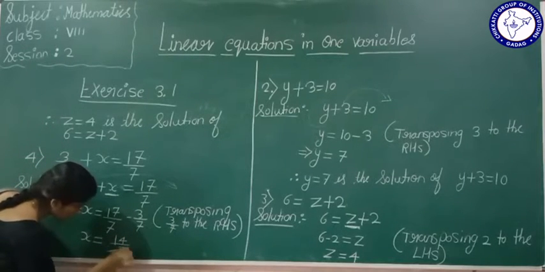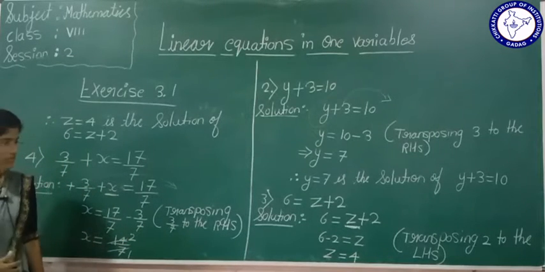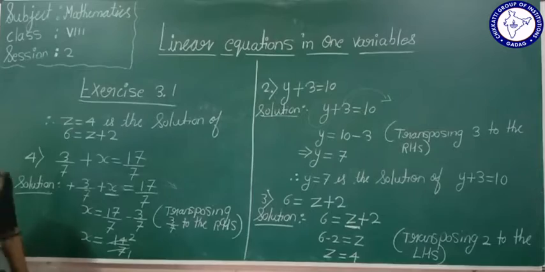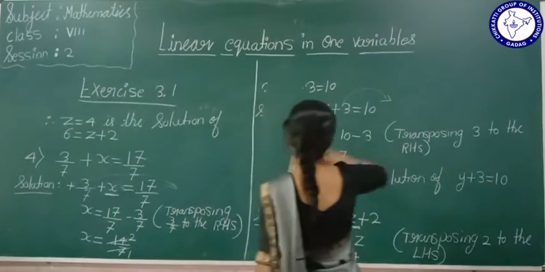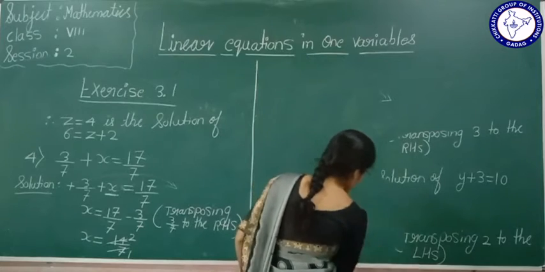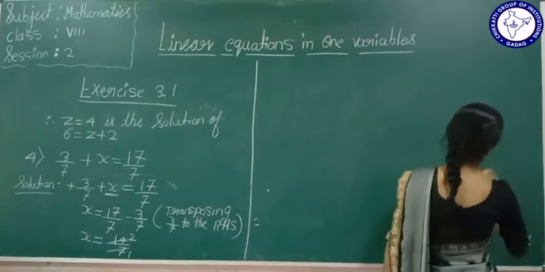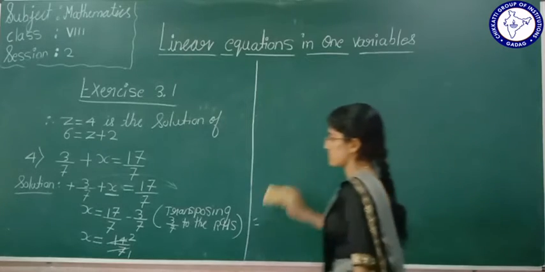The 7 ones are 7, 7 twos are 14. Therefore, x is equal to 2 is the solution of the equation.